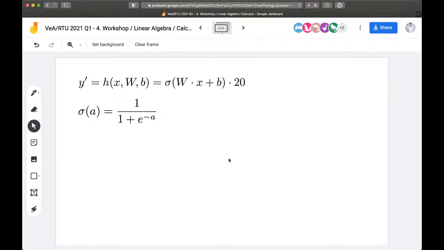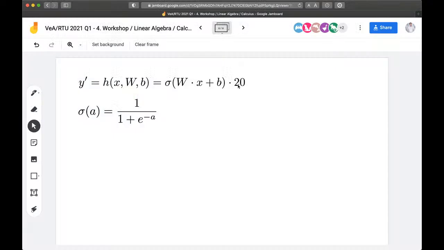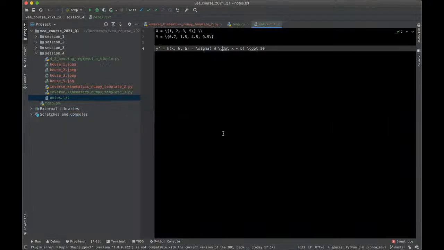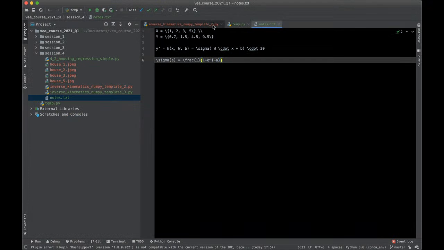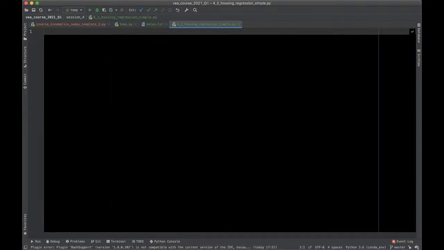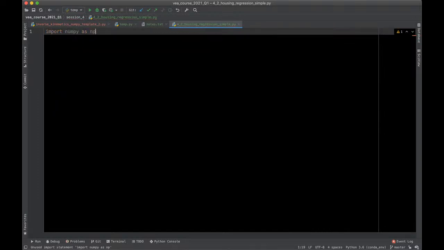Okay, and now let's quickly implement this stuff. Not everything, I will just implement, so you don't need to write actually the stuff that I write now, but you can if you want.